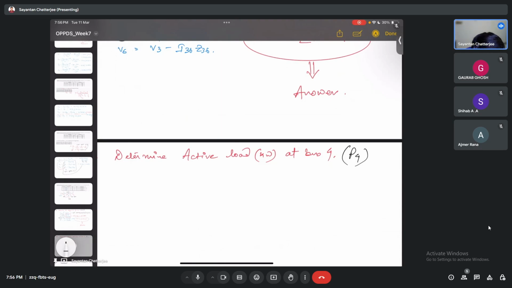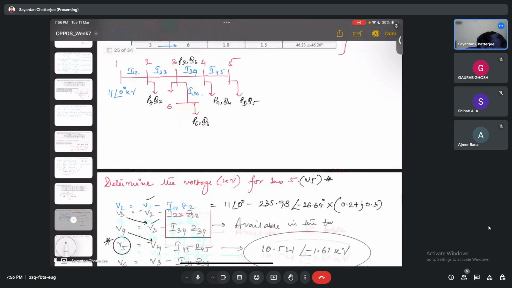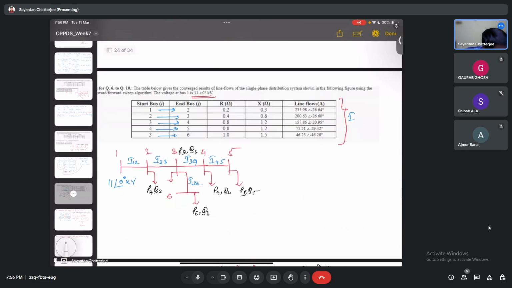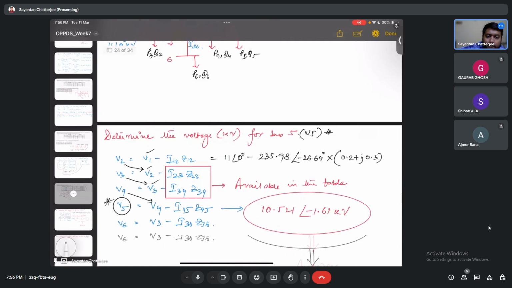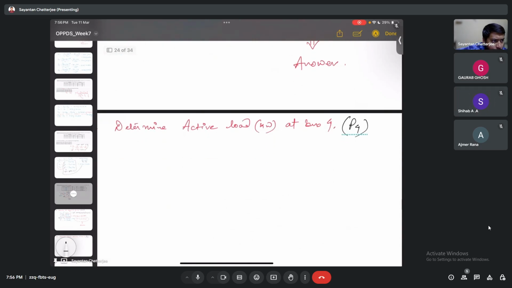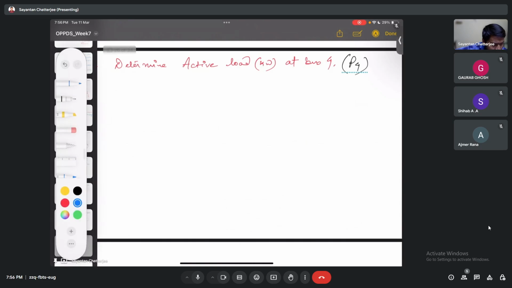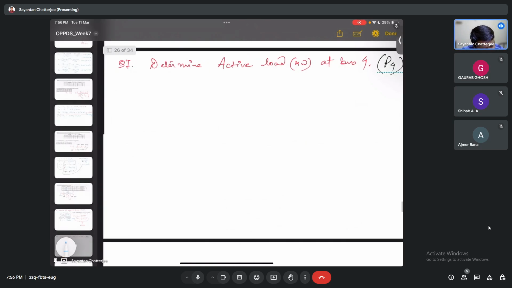P4 we need to calculate. So how to calculate P4?